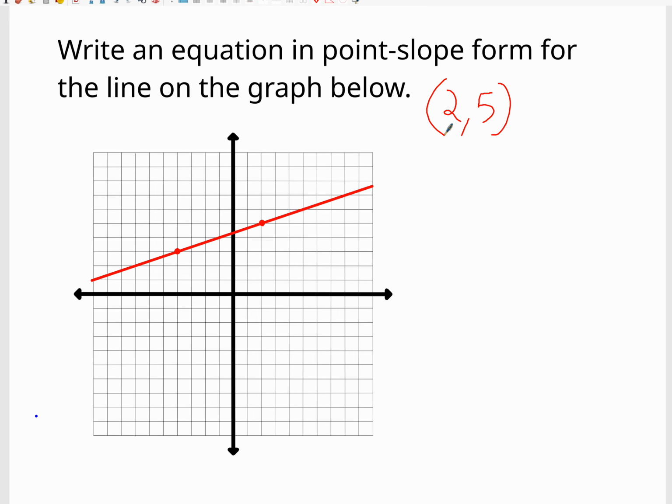And give me a slope. I counted 2 over 6, which simplifies to 1 over 3, right? So my point slope equation would be y minus 5 equals 1/3 times x minus 2. Yes, I got it.